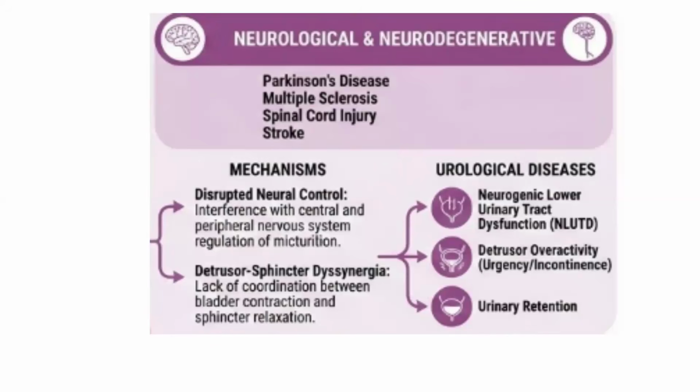The other mechanism is detrusor sphincter dyssynergia, which leads to a lack of coordination between the bladder contraction and the sphincter relaxation. So, neurogenic lower urinary tract dysfunction, detrusor overactivity, and urinary retention are commonly found urological diseases associated with neurological impairment.